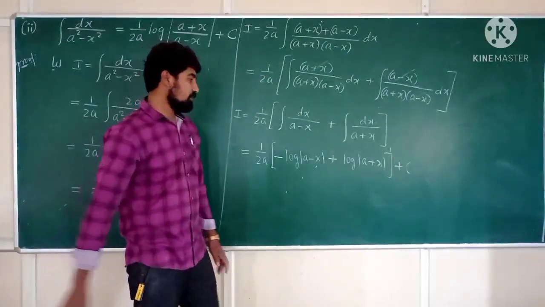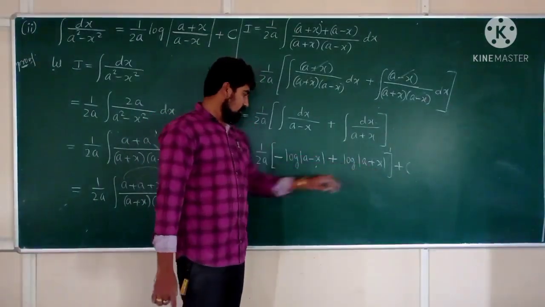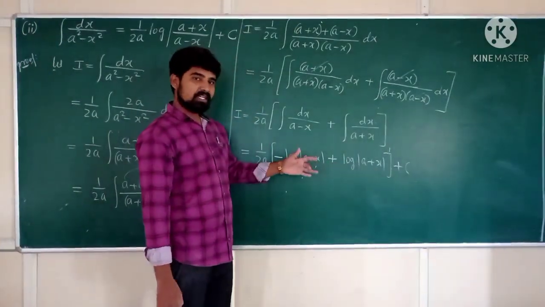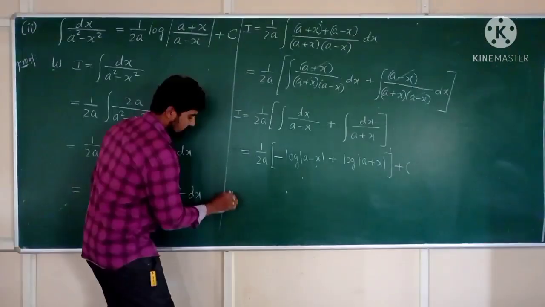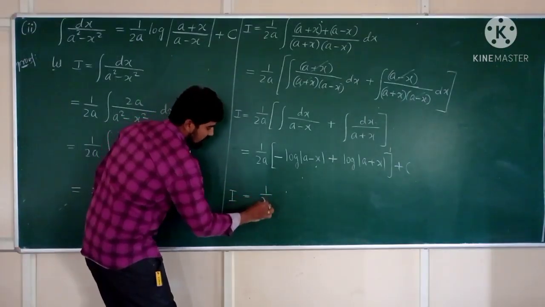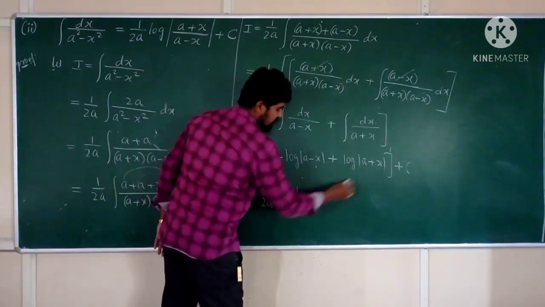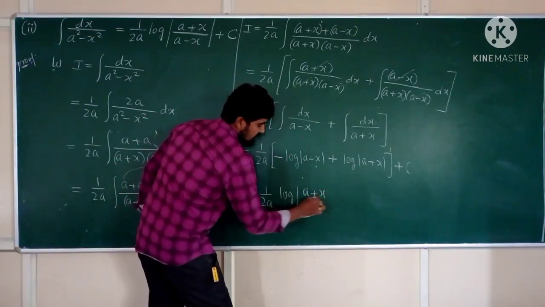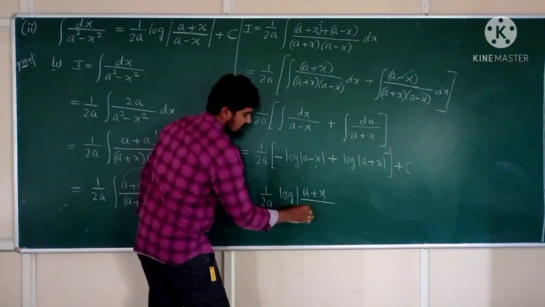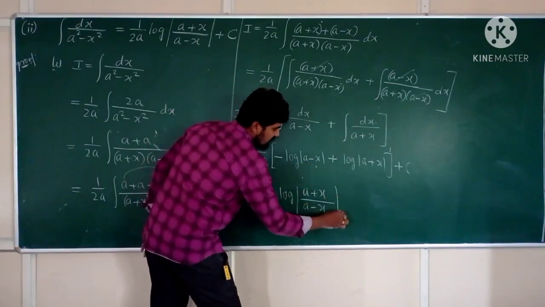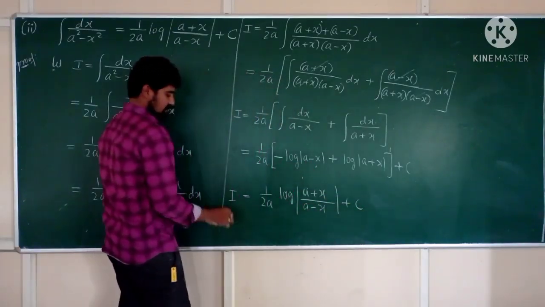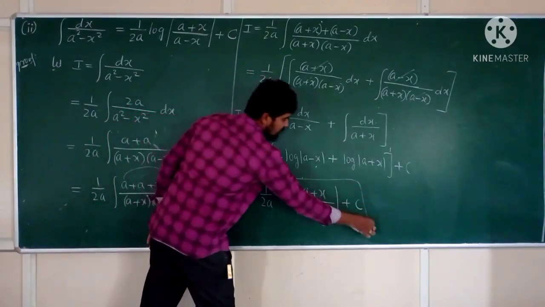Now by using the property of log m minus log n, which can be written as log m by n, therefore I is equal to 1 by 2a into log of m, that is a plus x, divided by n, that is a minus x, plus integral constant c, and this is our required result.